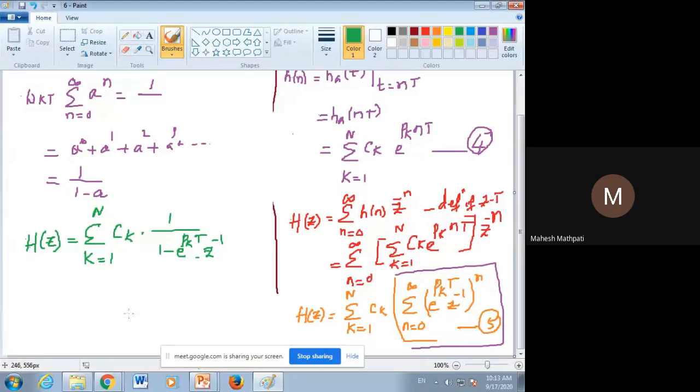Finally I can write it as summation k equals 1 to n ck divided by 1 minus e raised to pkT into z inverse. Let us call it equation 6.